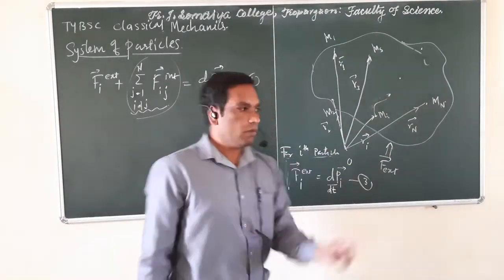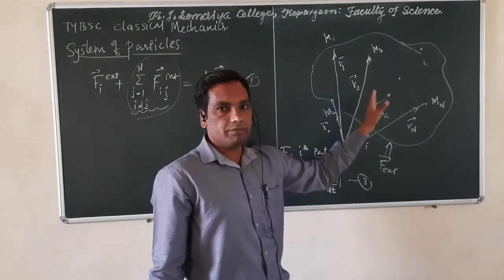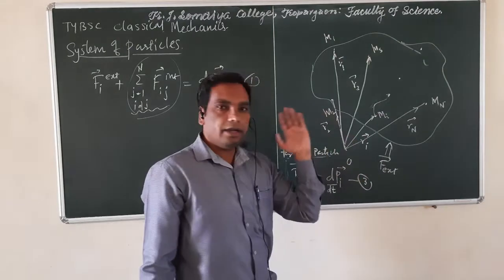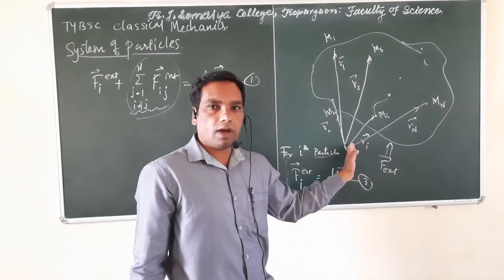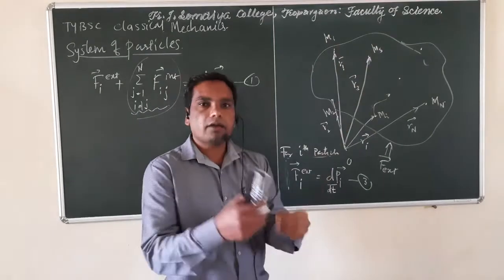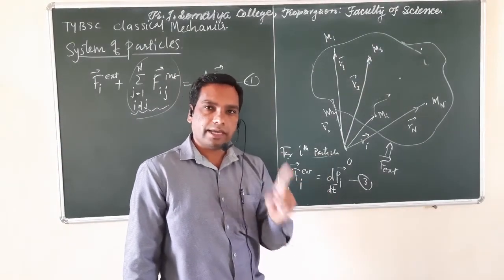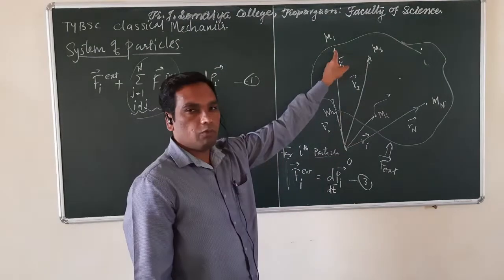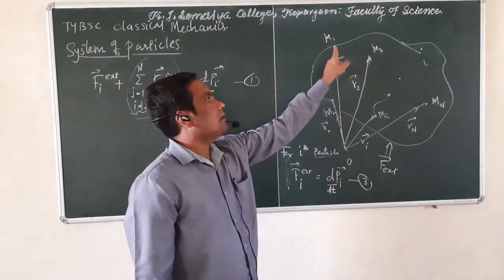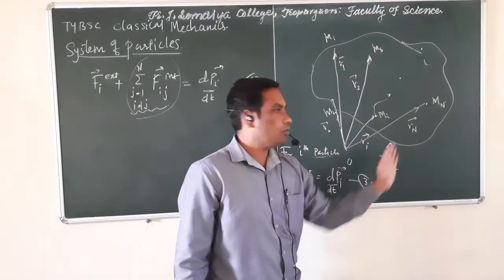If you take the whole system which comprises m1, m2, m3, then we do not take internal forces, because for the whole system all these masses are part of the system. But when we apply Newton's second law of motion to only mass m1, the external bodies are m2, m3, and m4 up to mn.